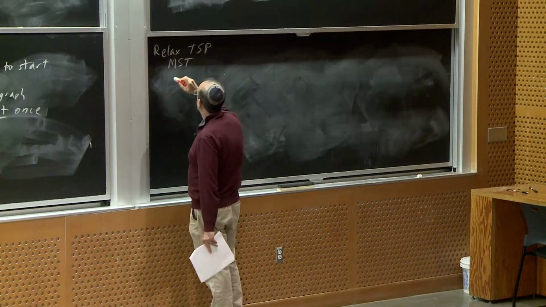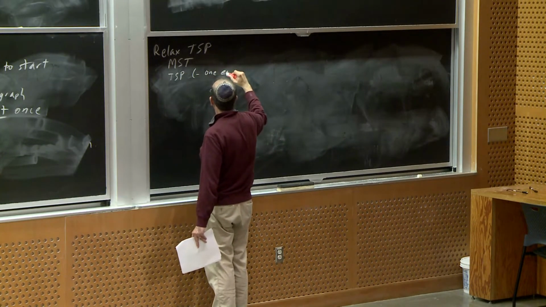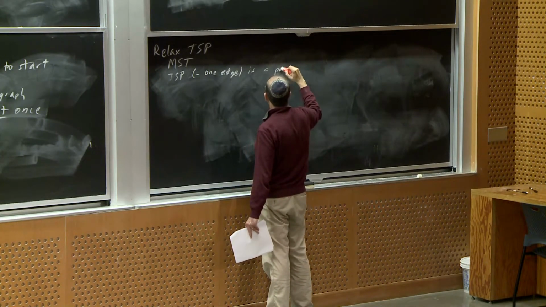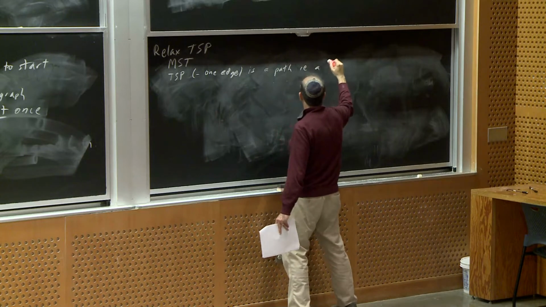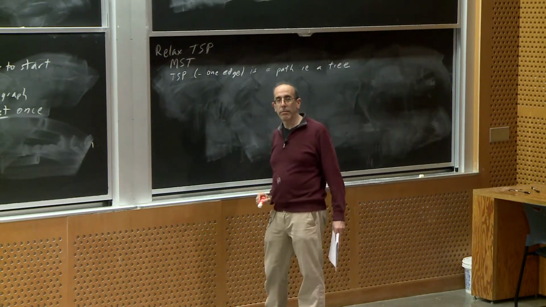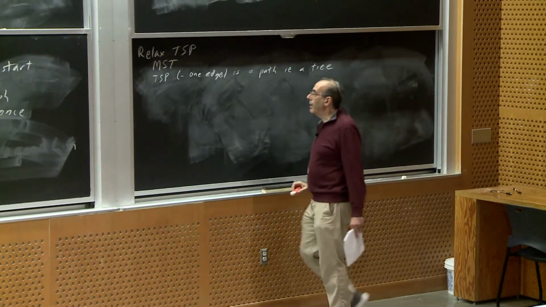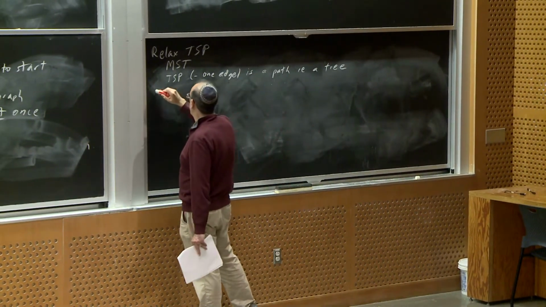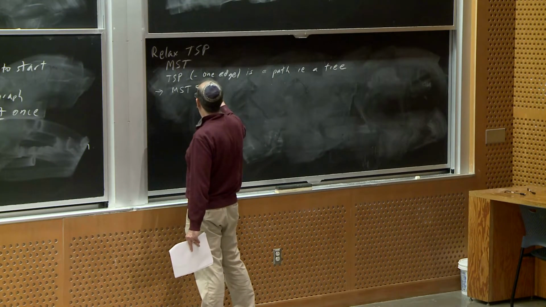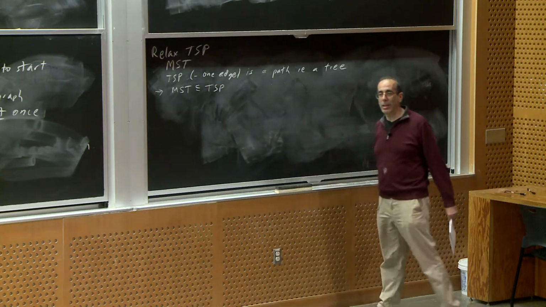So the TSP minus one edge is a path, i.e. a tree. Okay. And that tells us that the minimum spanning tree is cheaper than the optimum traveling salesman tour.